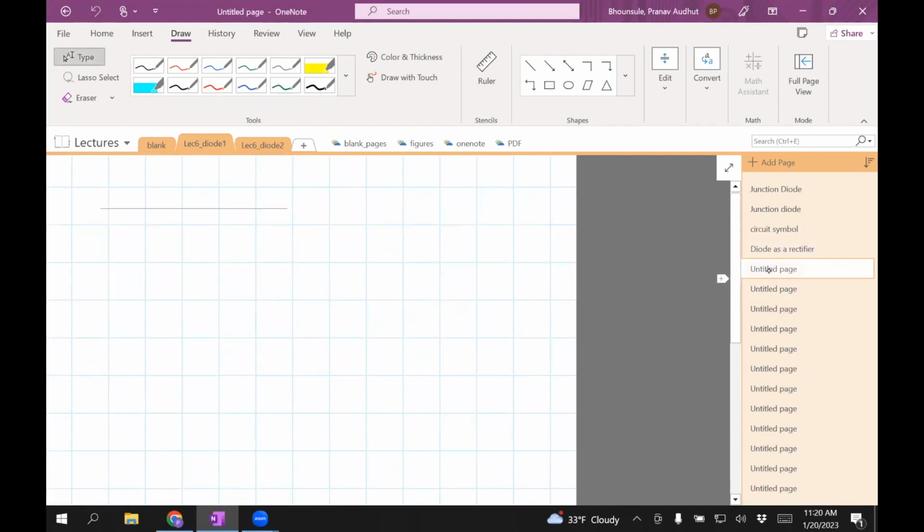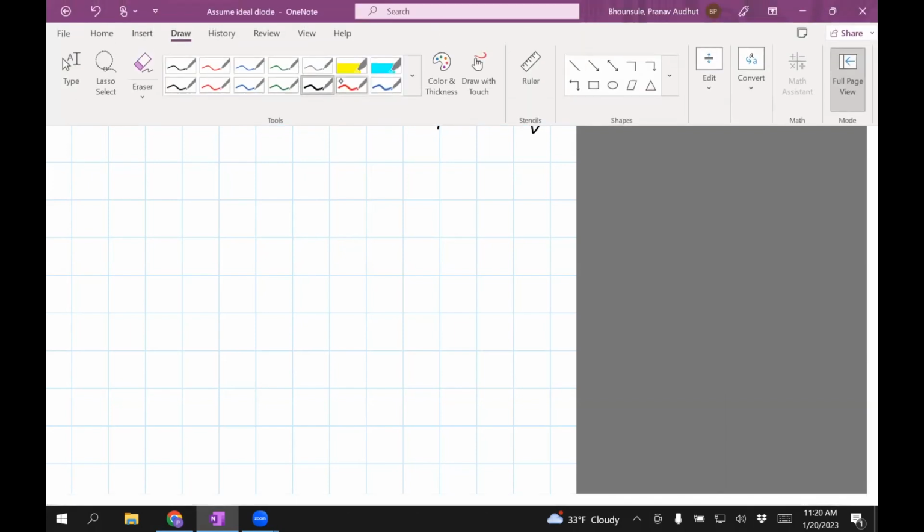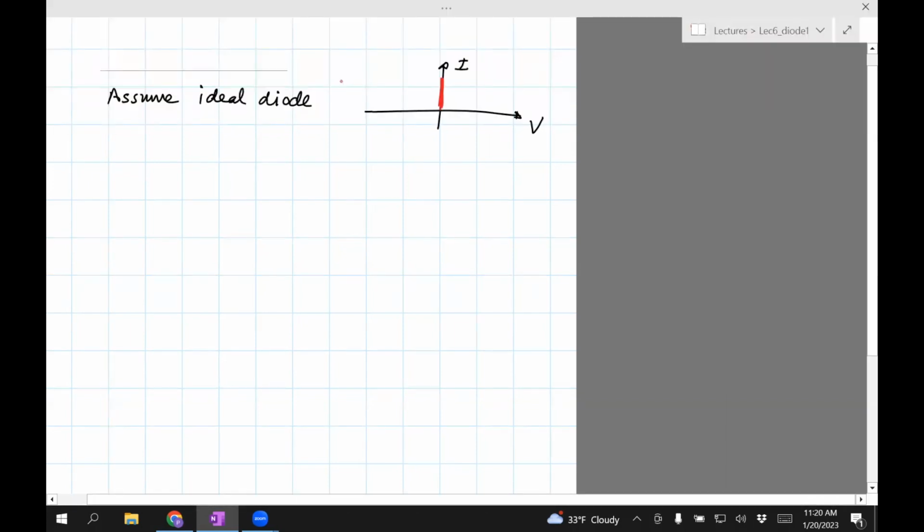Okay, so first, we will assume an ideal diode. Remember what that means is if you do a voltage-current plot, you will get something like this.